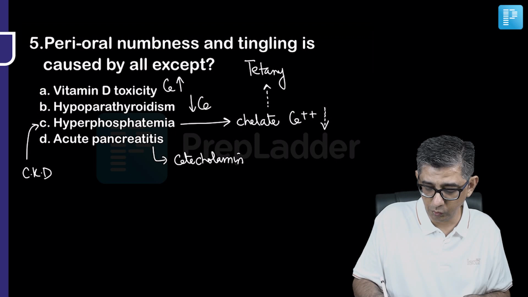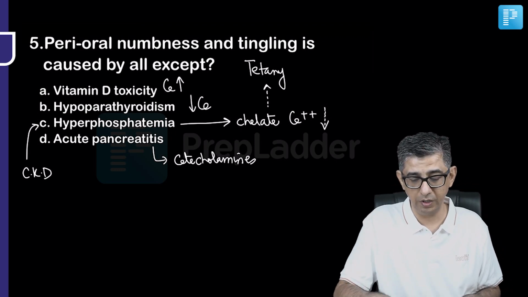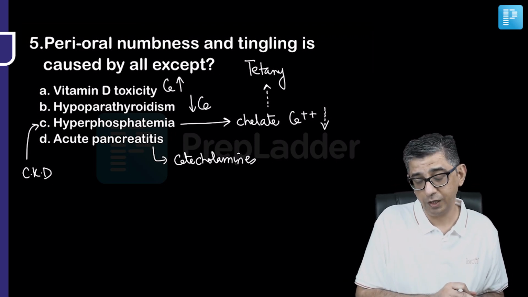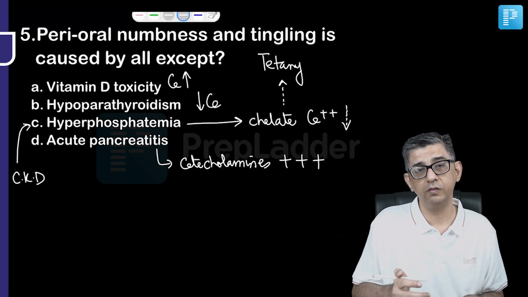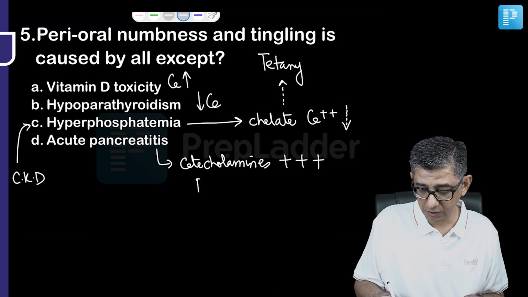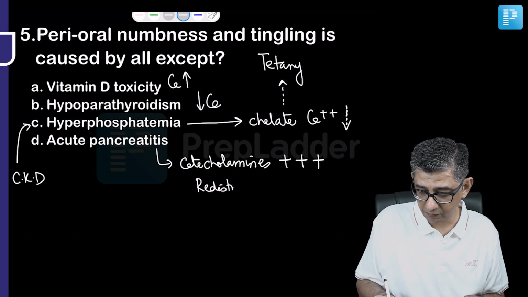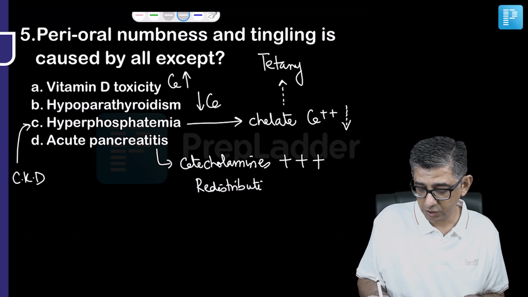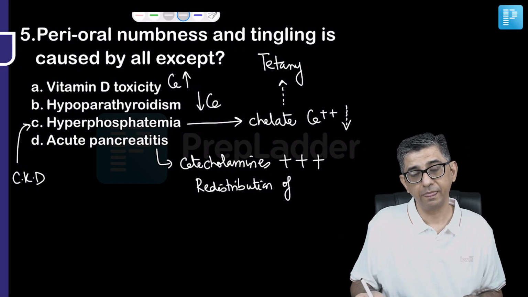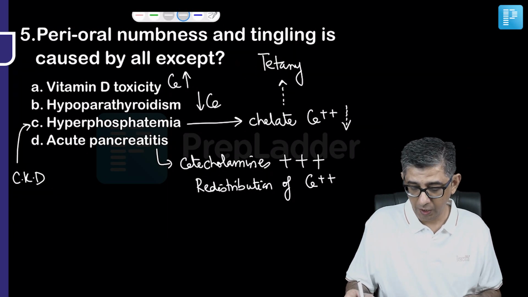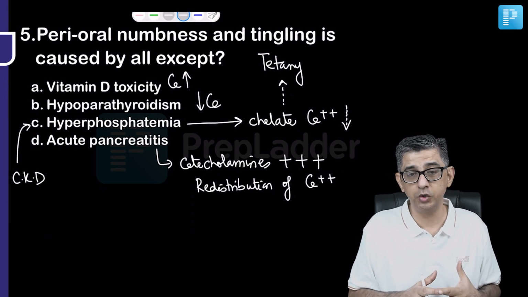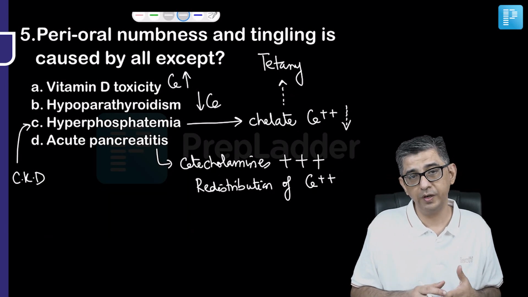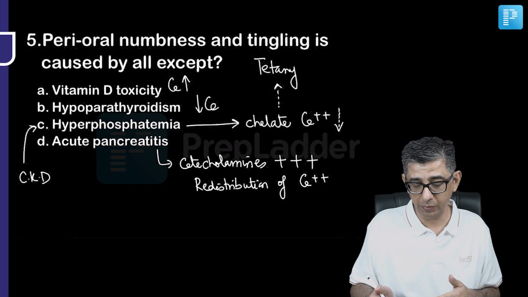So during this extremely painful condition, there is release of catecholamines, and these catecholamines which are released in excess also contribute to redistribution of calcium. It causes calcium to go inside the cells. As a result, if calcium is in the blood, it goes into the tissues, and the ionized calcium component can become lesser.